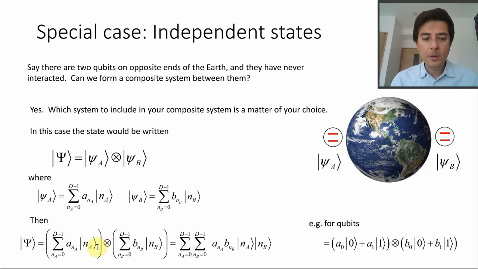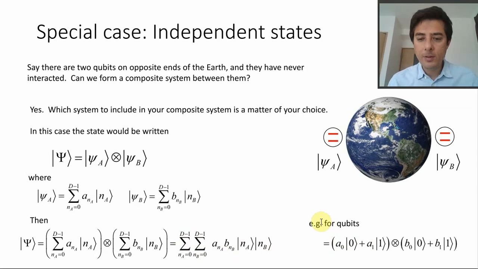And the way the tensor product works, it's basically just like multiplication. Whenever you have this multiplication, you can run the sum over the two indexes out the front, and then we have the wave function written in this form.